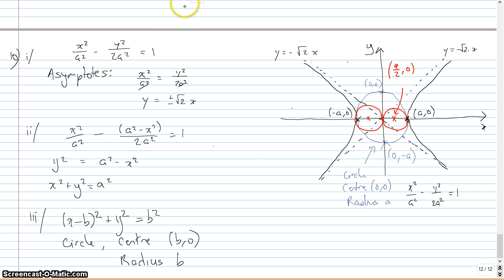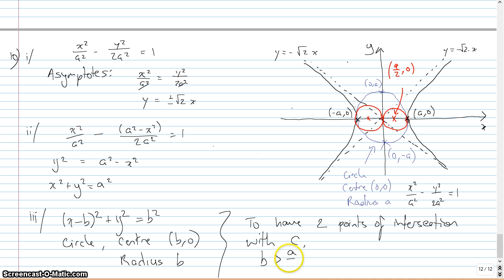So the answer is, I can take my values of b, so to have 2 points of intersection with c, I would need to have b to be larger than a over 2 or b to be smaller than negative a over 2.